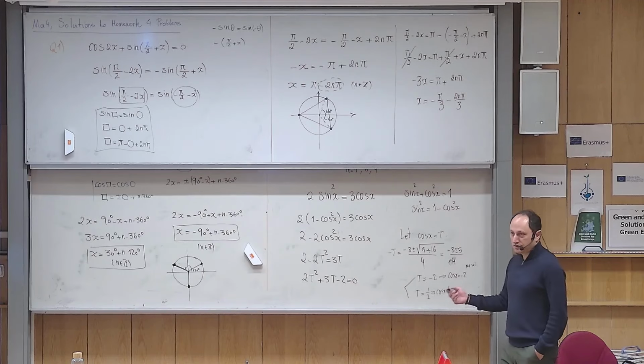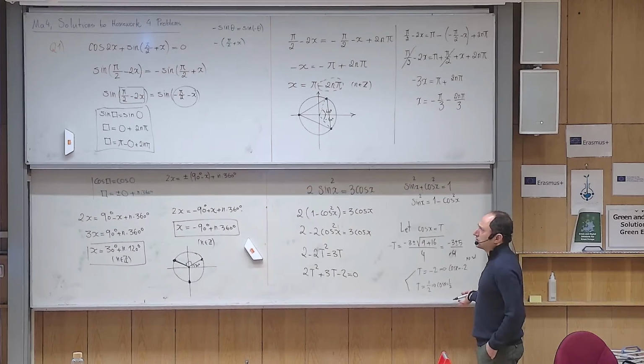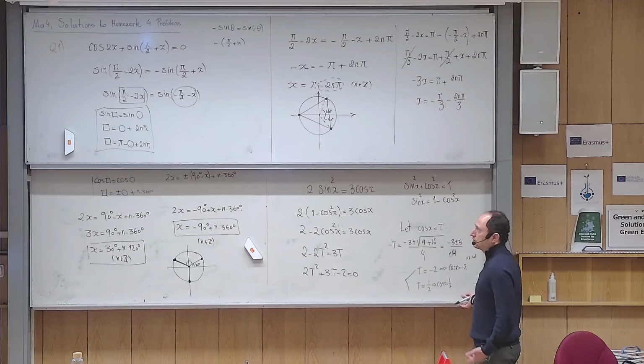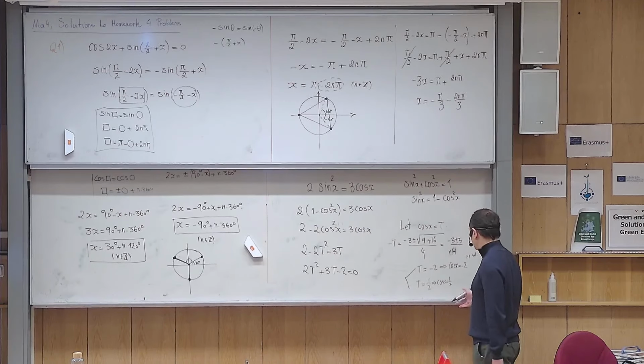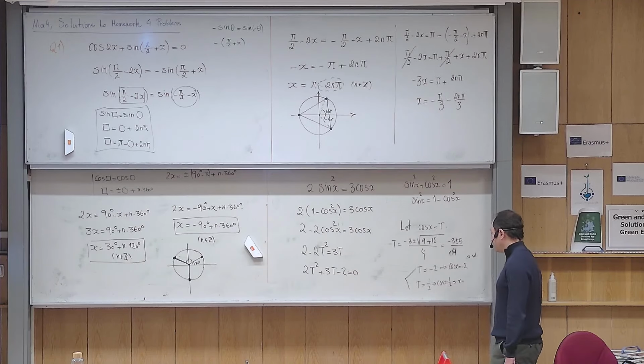And 1 half is a famous number. It's 60 degrees. It hasn't been mentioned in which units we work, so we can work in degrees. So x becomes plus or minus cosine inverse of 1 half, which is plus or minus 60 degrees plus n times 360 degrees. Okay?